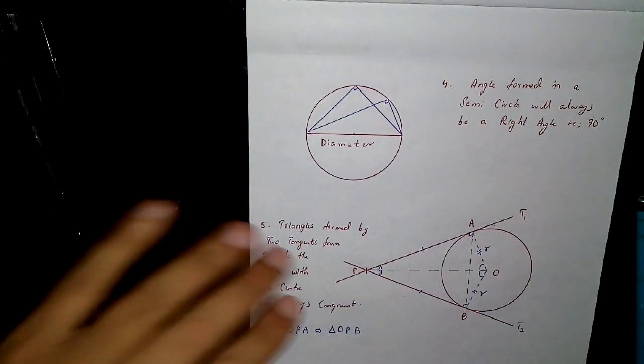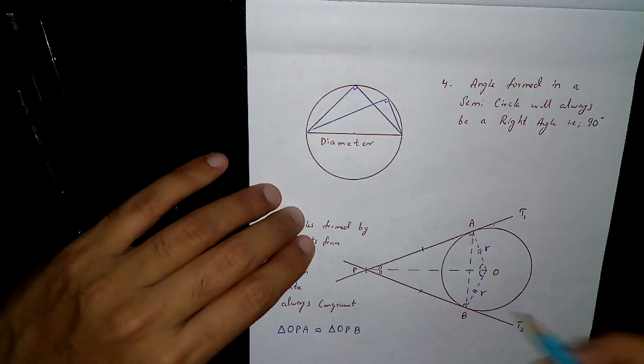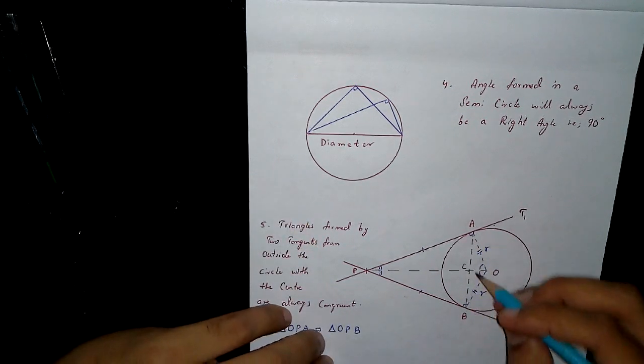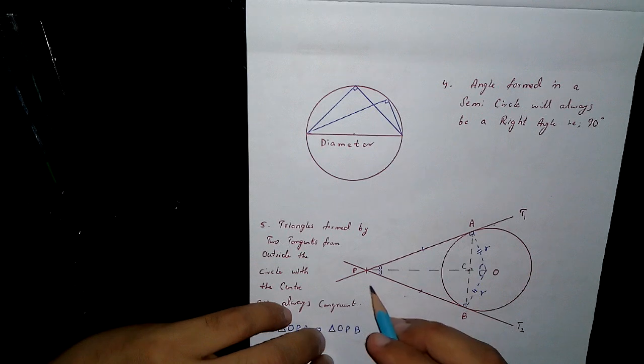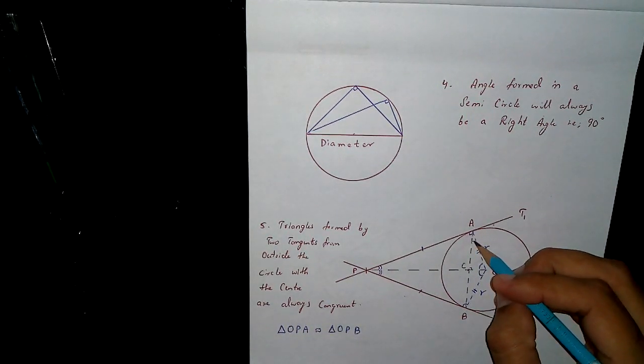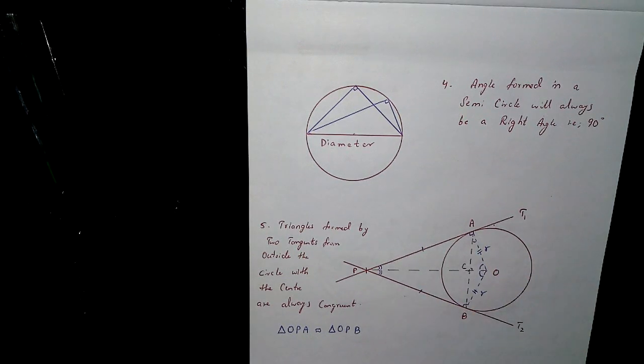If I say that this point is C, so this line is basically perpendicular to this line, and now this angle will always be equal to this angle.